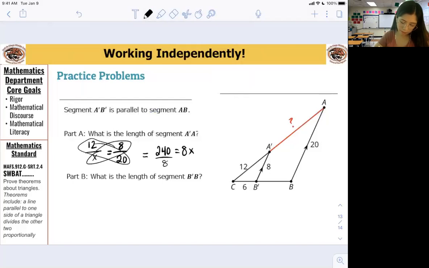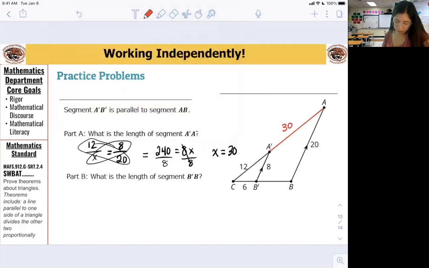And 240 divided by 8 is 30. Good. So A prime is 30.